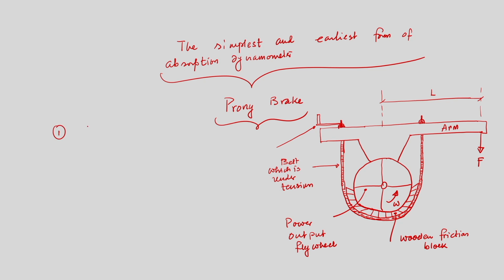One is the power output flywheel. Number 2, that is the wooden frictional block, wooden friction block.